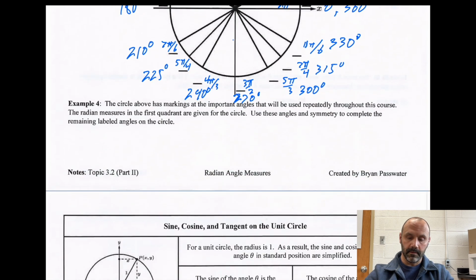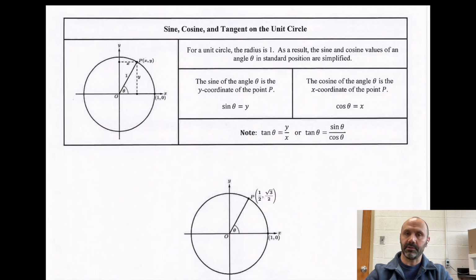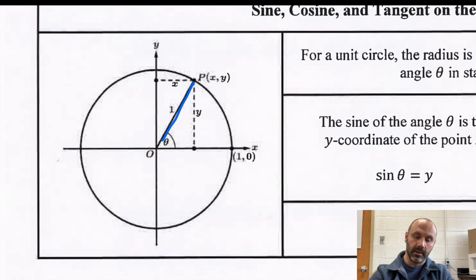So let's carry on. Sine, cosine, and tangent in the unit circle. Like I said, we get into the trigonometry with this. For the unit circle, again, the radius is 1. Since the radius is 1, that means that the hypotenuse has a length of 1. Right?